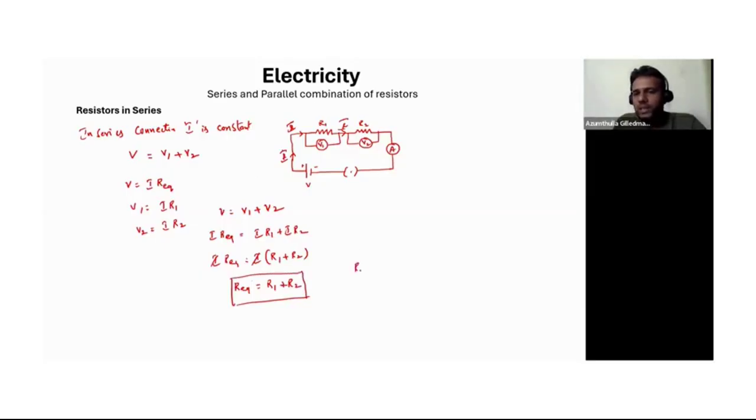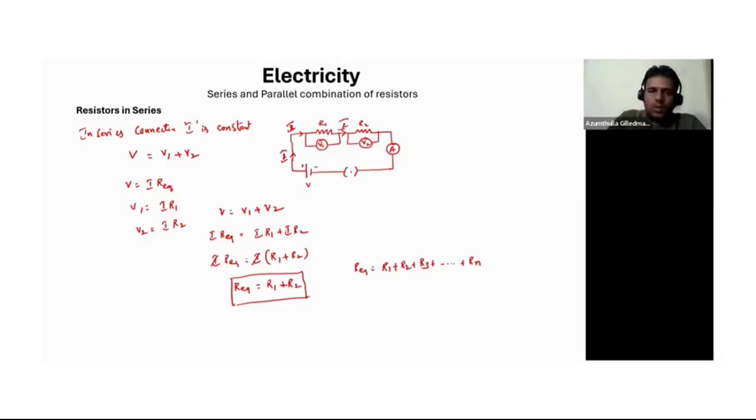If three resistors are connected, then R equivalent equals R1 plus R2 plus R3 and so on up to Rn. If there are n resistors connected in series, you just need to add all of them to get the equivalent resistance in the circuit. Understood? So R equivalent is R1 plus R2, or however many resistors that circuit has, you just need to add them. That is the equivalent resistance when it is connected in series.